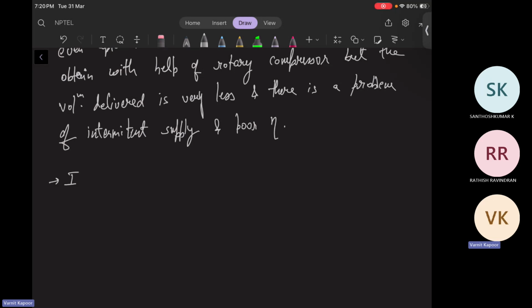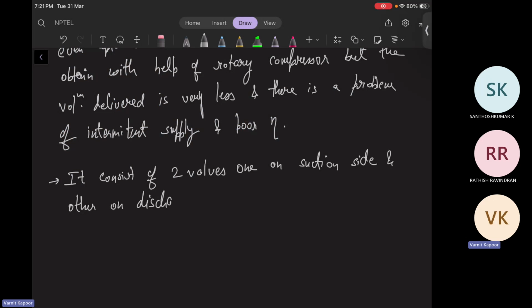It consists of two valves, one on suction side and the other on discharge side.